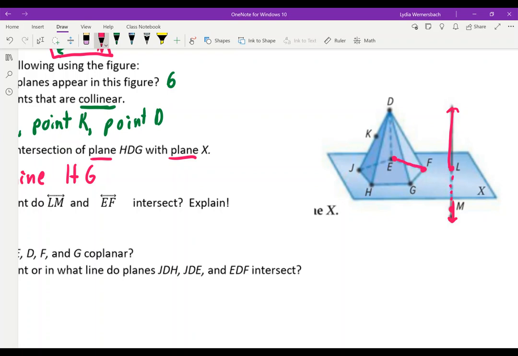So this is a little bit tricky. Do these intersect? So looking at this, we would probably say no, right? They don't intersect in a way that we can see. Now, one thing again about geometry is this is a 2D figure or a 3D figure on a 2D plane.